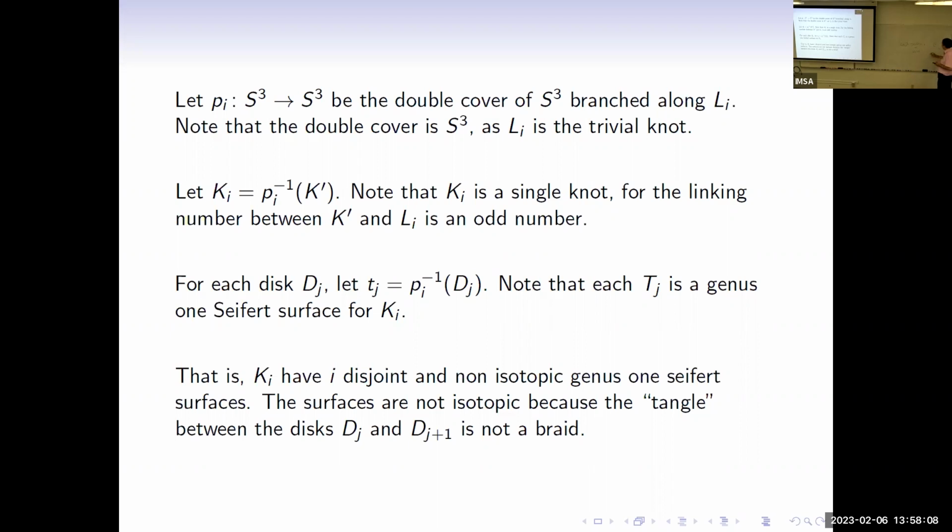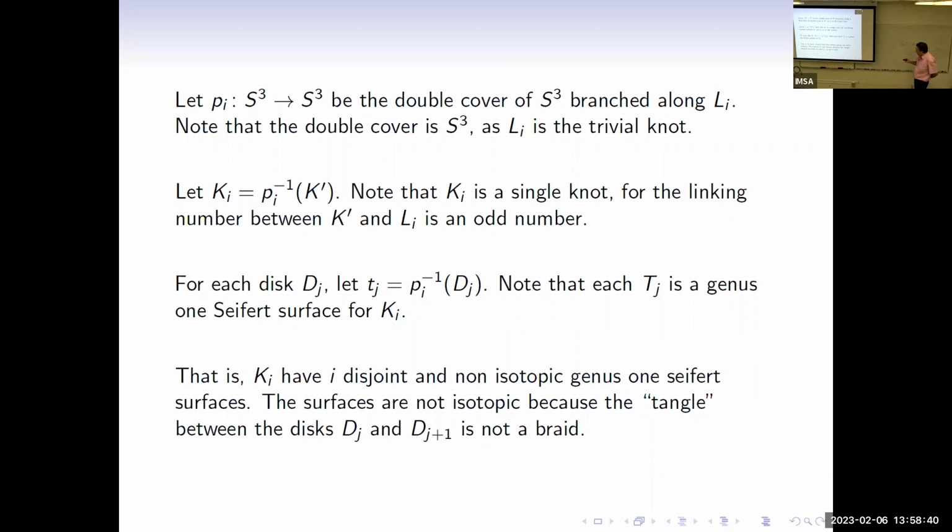You can just look at a punctured torus and a line intersecting 3 points, you can do an involution and the quotient space at these 3 points. So we have disjoint non-isotopic genus 1 surfaces.